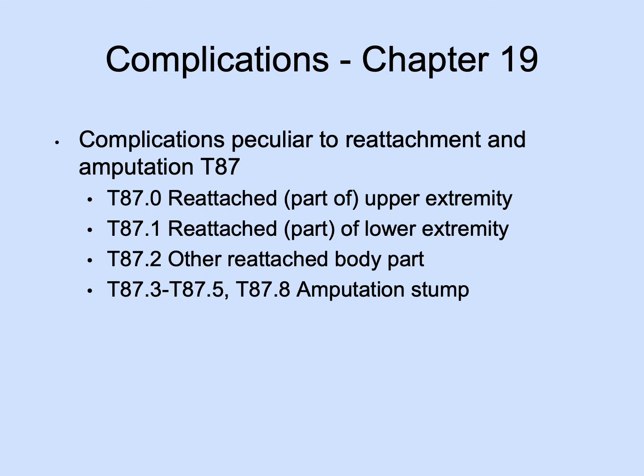It has different categories, different codes for upper extremity, lower extremity, other reattached body part. And then they have T87.3 to .5 and T87.8 for the stump. So it's not reattached, it's just the stump. So .0, .1, .2 is reattached, and the other ones are for when it is not.